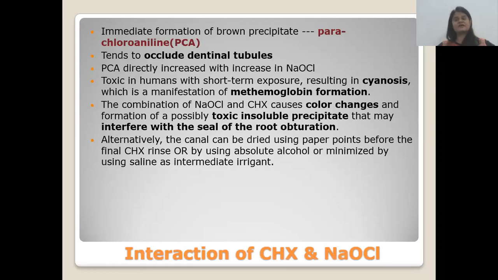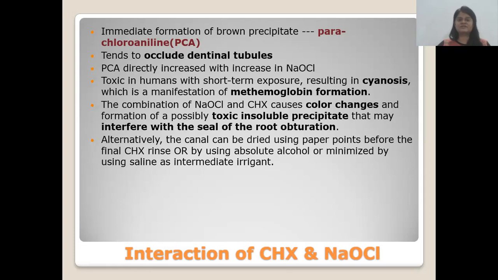Chlorhexidine is combined with sodium hypochlorite because the two seem to have a synergistic effect. But before combining them, you have to understand what the chemical reaction is when the two are combined with each other. There is immediate formation of a brown precipitate, parachloroaniline, PCA, which immediately blocks the dentinal tubules. PCA increases directly with the increase in sodium hypochlorite.